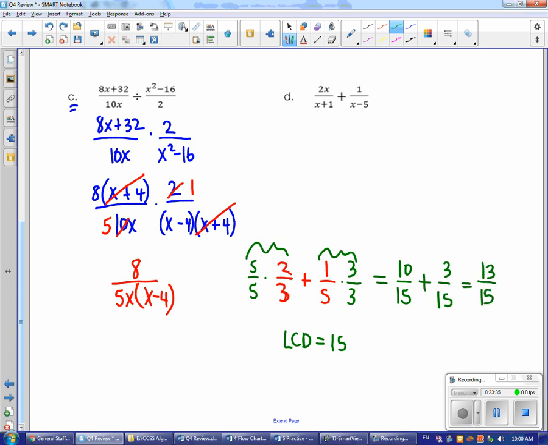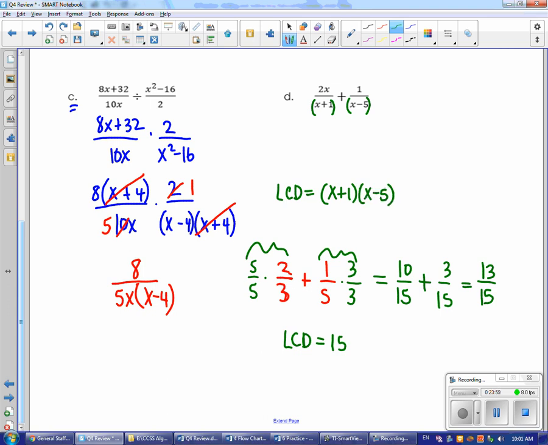So this process that I did with numbers, I'm going to now translate to my rational expressions. So even though you have an x plus 1 and an x minus 5 in the denominator, if I think of them as factors, my common denominator in this case is going to be the quantity x plus 1 times the quantity x minus 5.